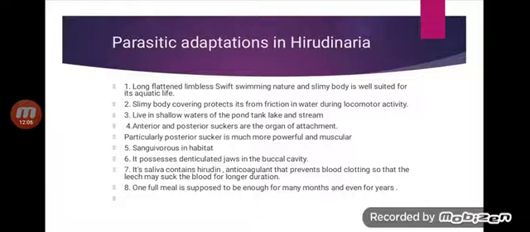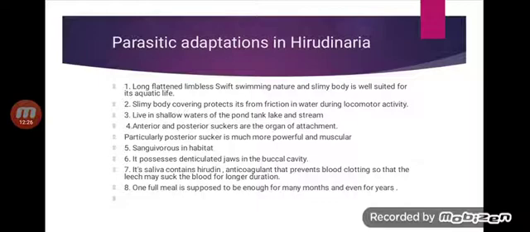Hirudinaria, the common Indian cattle leech, leads a parasitic life as it feeds on the blood of cattle and man. For the parasitic mode of life, there are a number of adaptive features in it. However, some of the features are as follows.